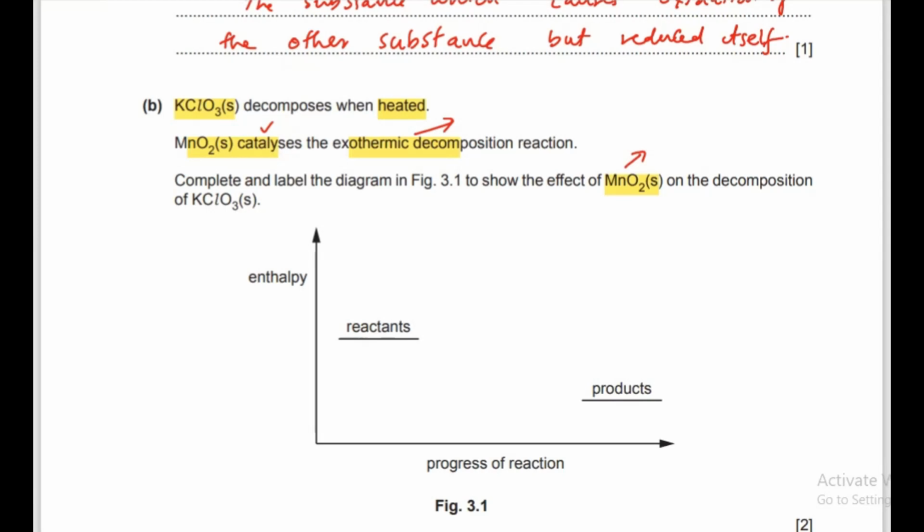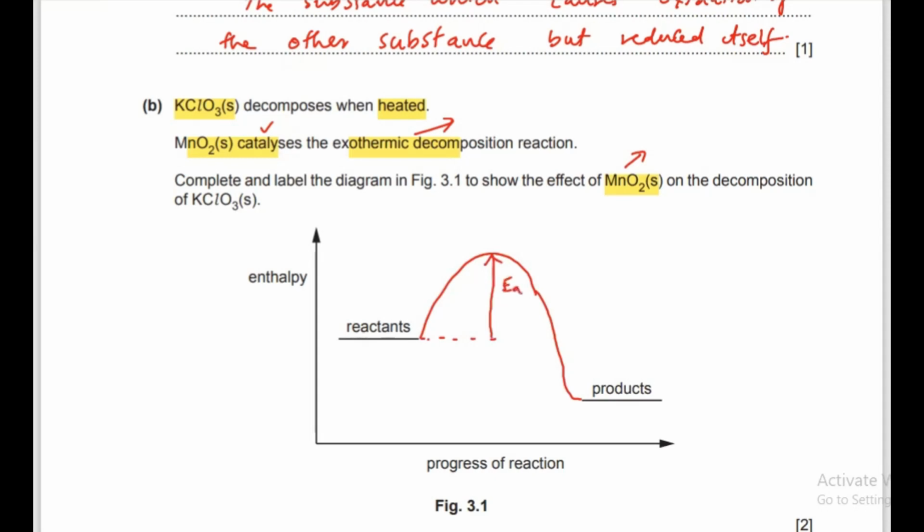So first of all, if we are doing the decomposition when heated and then MnO2 catalyst is added, we can show that the reactants are converted into the products without catalyst if this much amount of energy is the activation energy. This is the activation energy.